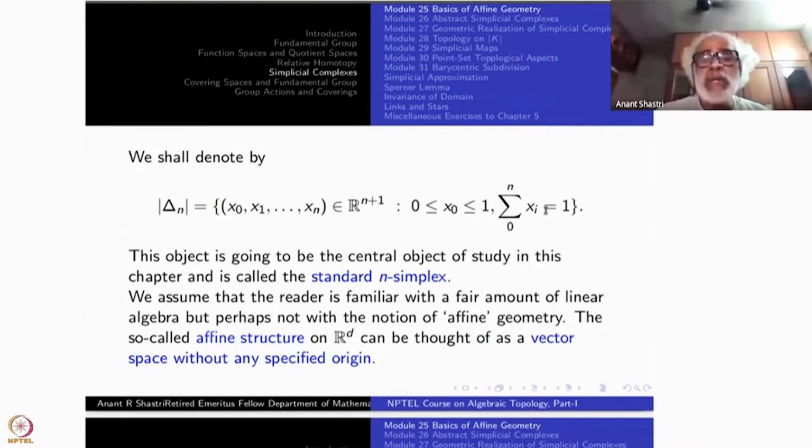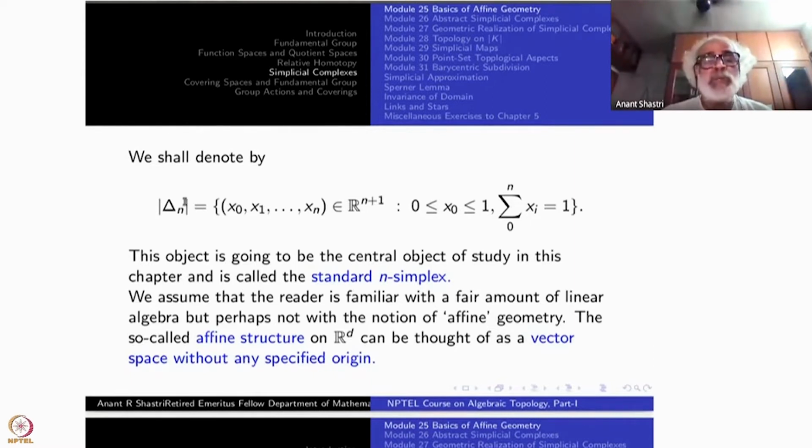If you just take only this one, this is not a vector subspace, but this is what is called an affine subspace. So it is of dimension n. Inside that, I am taking only those whose coordinates are non-negative and lie between 0 and 1. So this will be denoted by mod delta n.